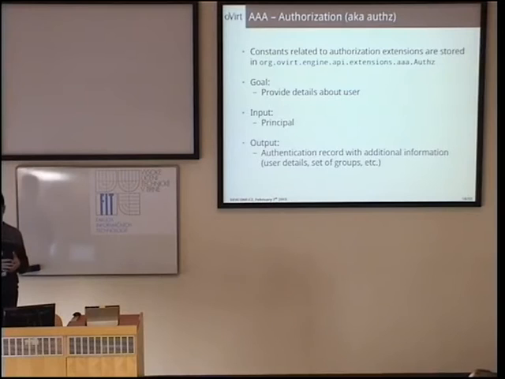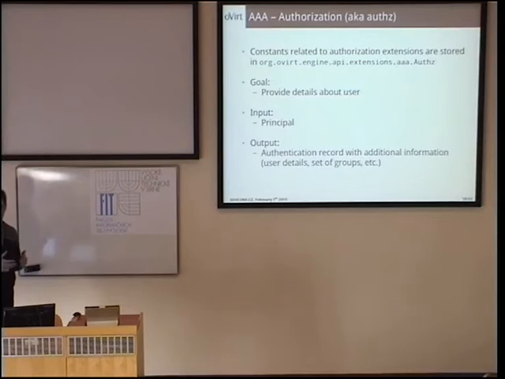The next step is authorization. It's also another extension. It's independent, let's say, in some sort of way from authentication. So everything needed for authorization is also placed in the authz class. The goal of this is to provide additional details about the user.